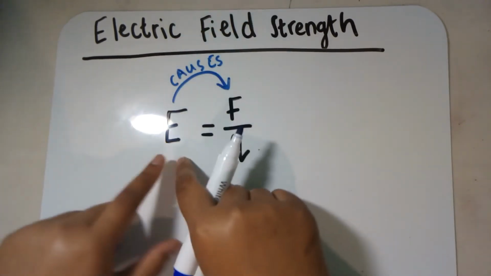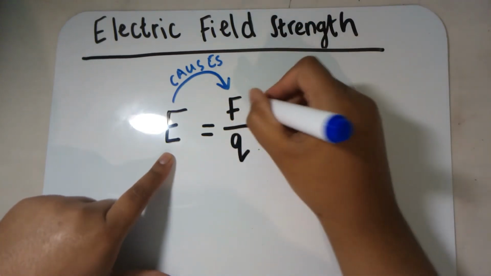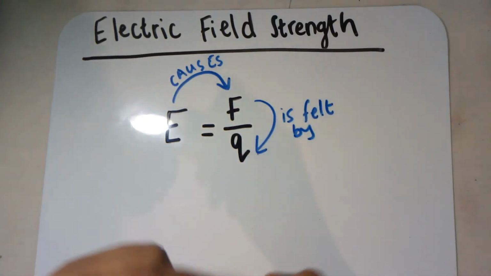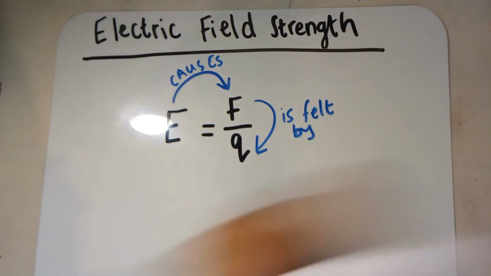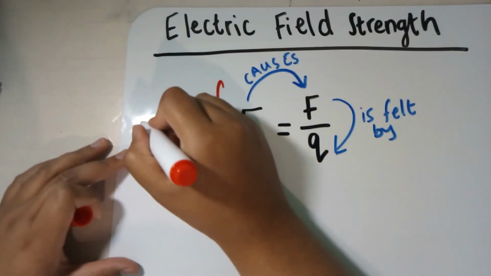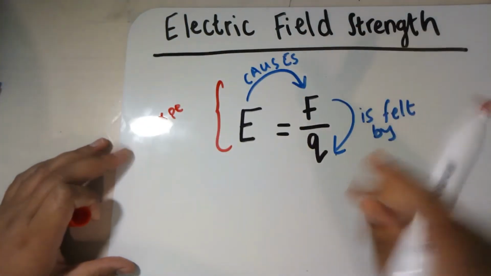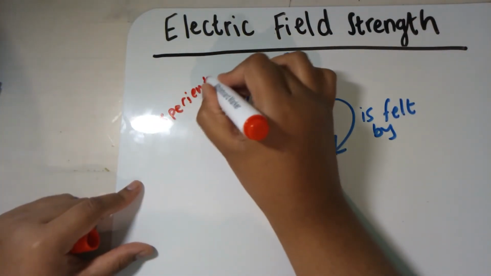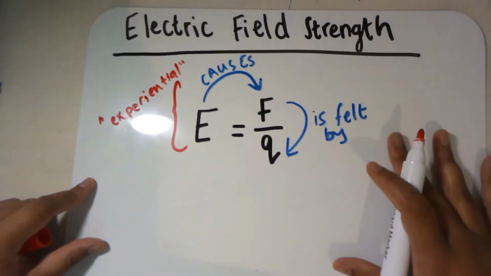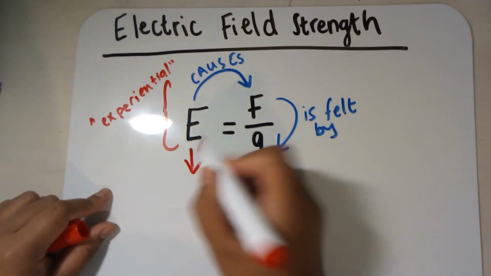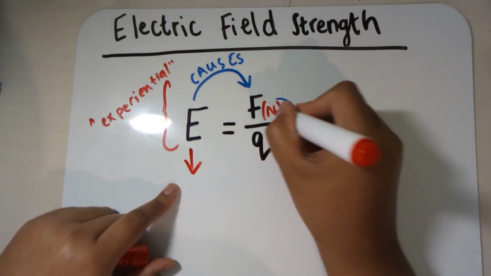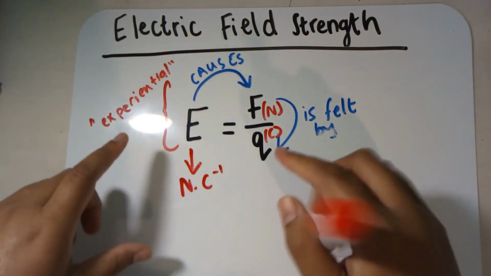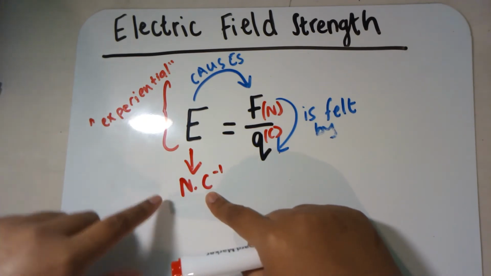This electric field generates this force, and this force is felt by this charge Q. So you can say that this formula as a whole is the experiencing formula, right? You want to know, if I was in a field, what force would I be experiencing? So that is an experiential formula, right? And the unit is newtons per coulomb. In other words, for every coulomb, you're going to experience so many newtons.